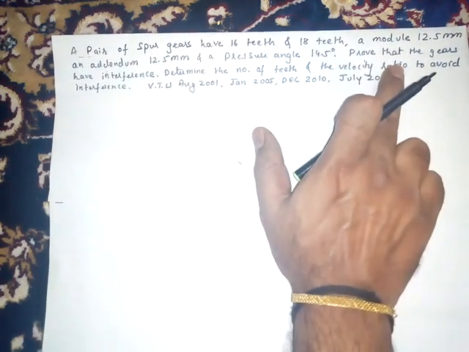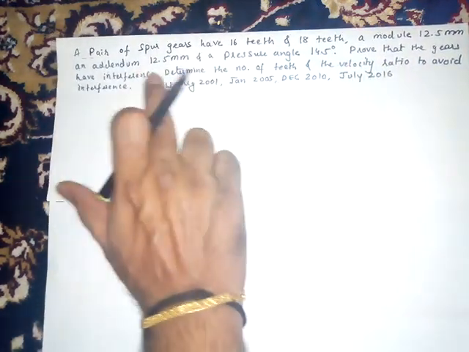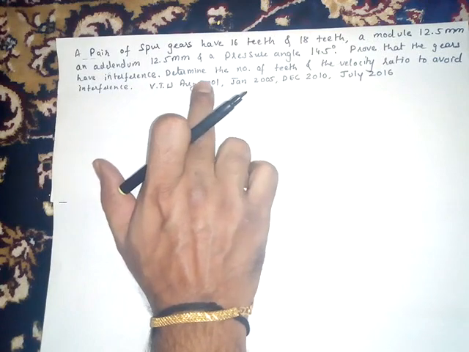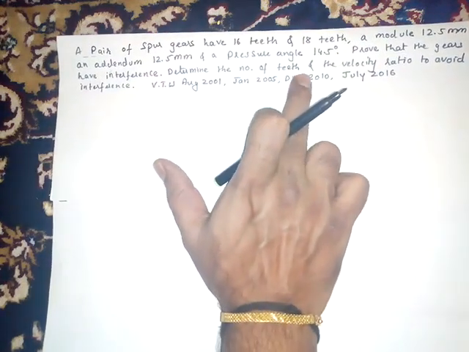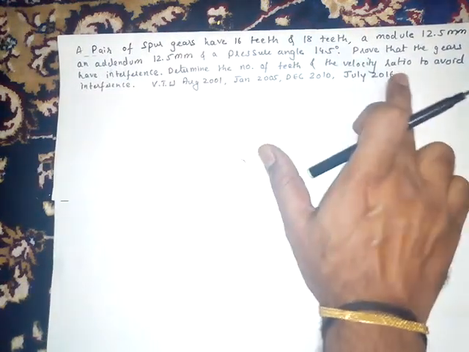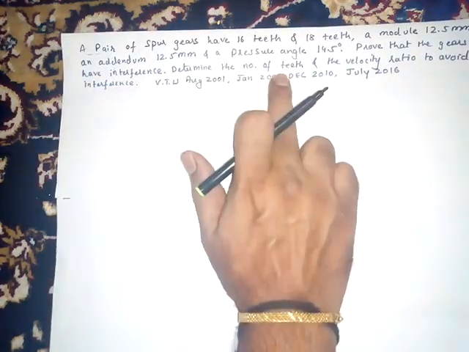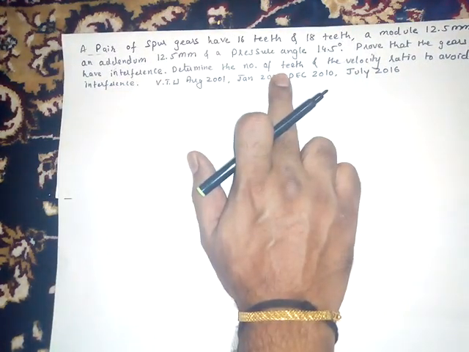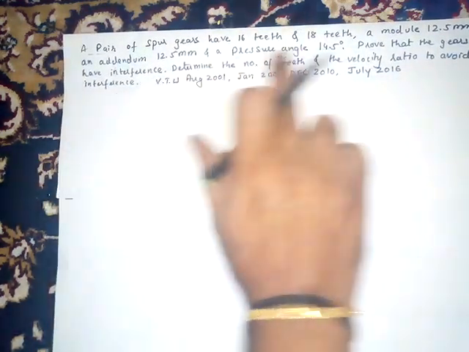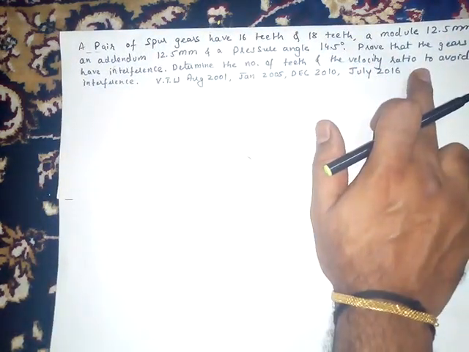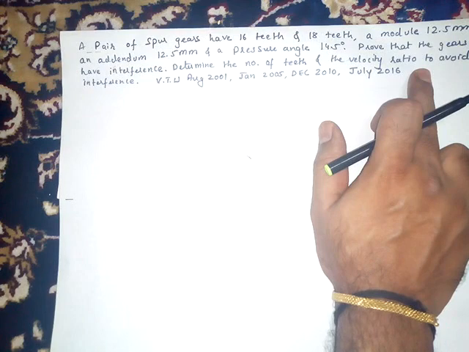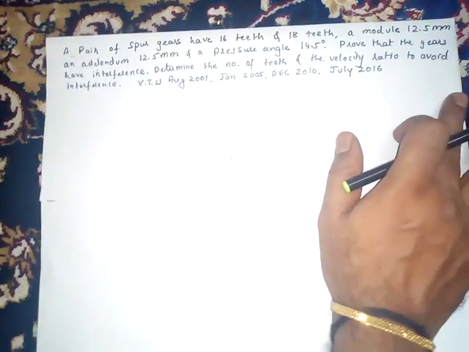Prove that the gears have interference. Second, determine the number of teeth and the velocity ratio to avoid interference. These are the parameters that we are going to find in this numerical.